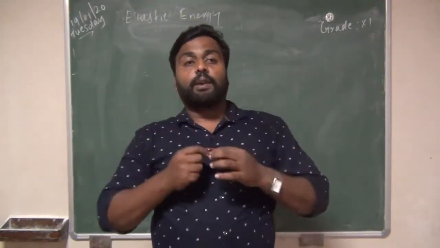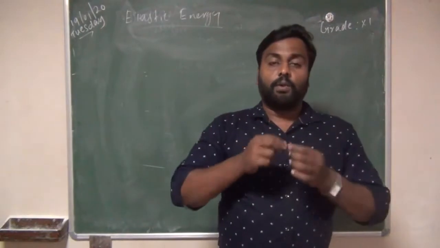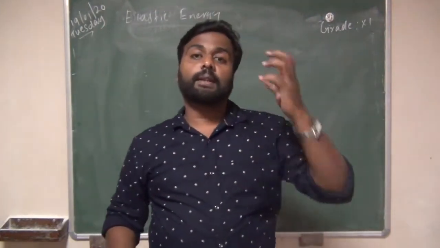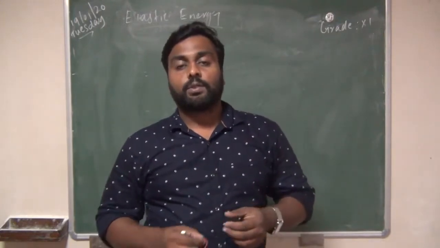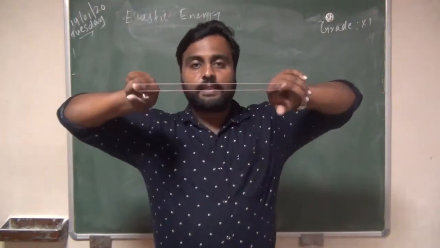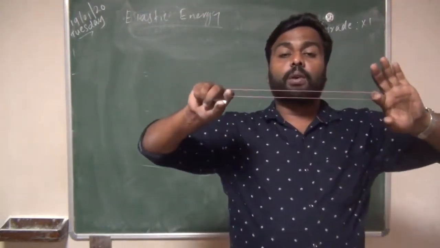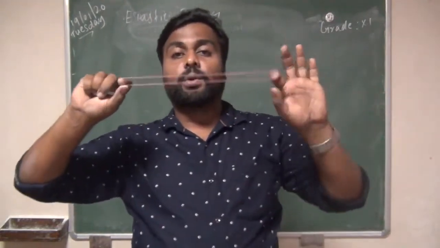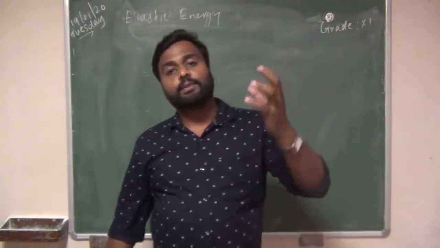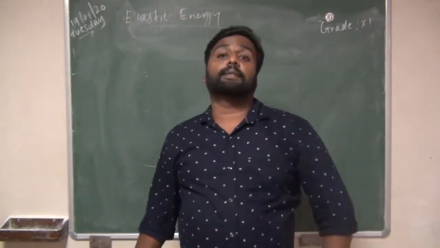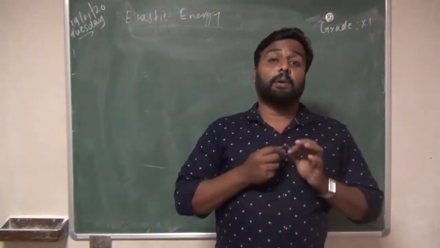So, whenever we are doing some work, what is happening? We are doing this work against the internal force. So, when we stretch this rubber band, we are doing some work, and this work is done against the internal force. And this work done is stored as elastic potential energy in the rubber band.